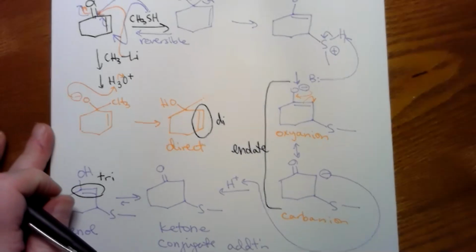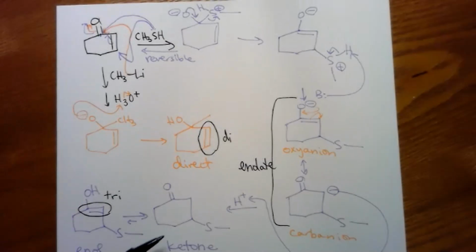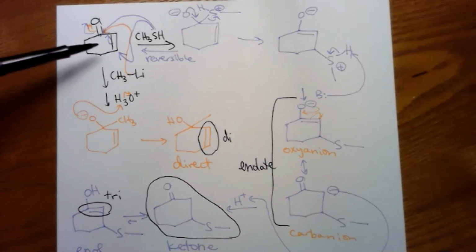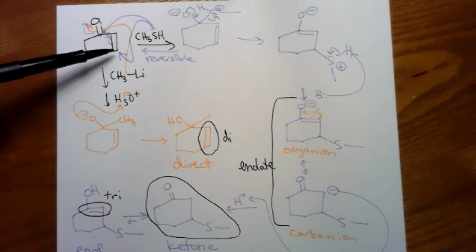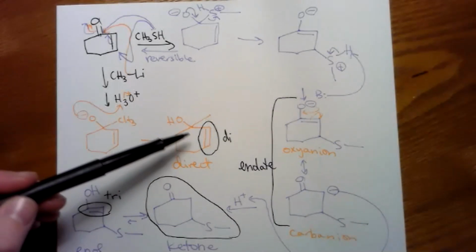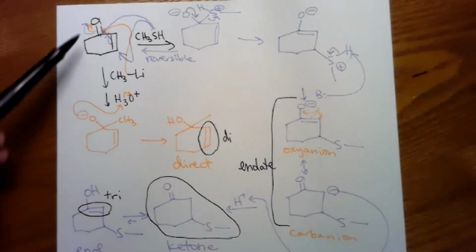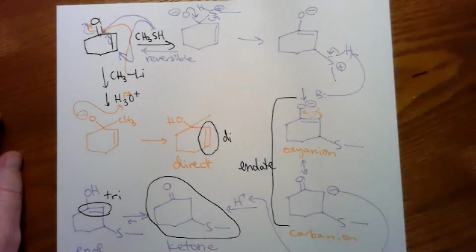Okay, one final thing for our big picture. In the end, because this is our final product, it simply looks like the sulfur reacted with only the alkene. In the end, it looks like the methyl lithium reacted with only the carbonyl. So these products are confusing to students sometimes because it looks like the two functional groups reacted independently.